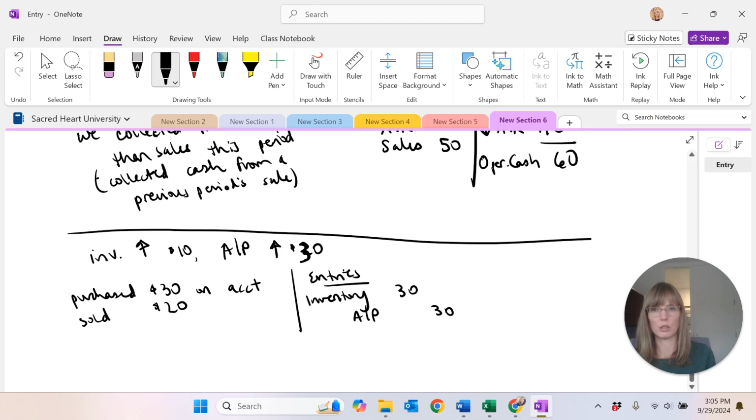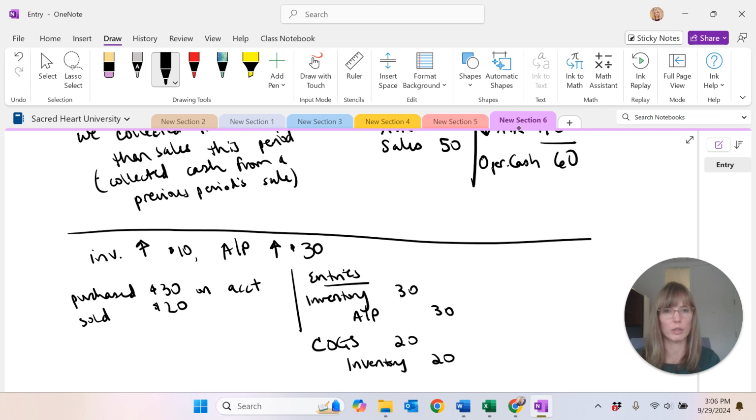So cost of goods sold went up 20, and we gave up inventory worth 20. So what do we have here? Our inventory went up a net of 10, our accounts payable went up 30. And so we can see here easily, net income is a negative 20, and cash from operating activities is 0.